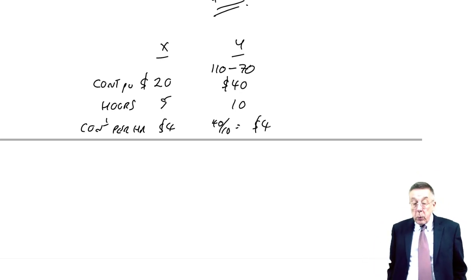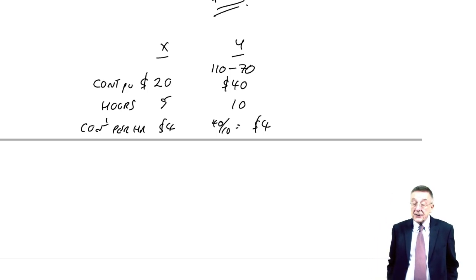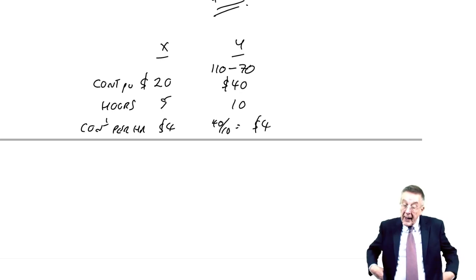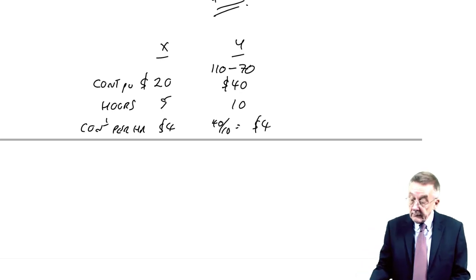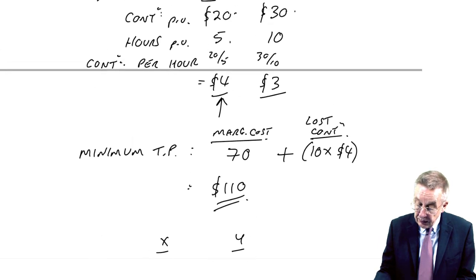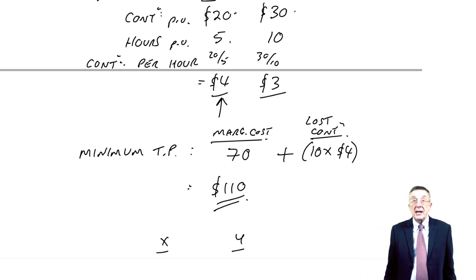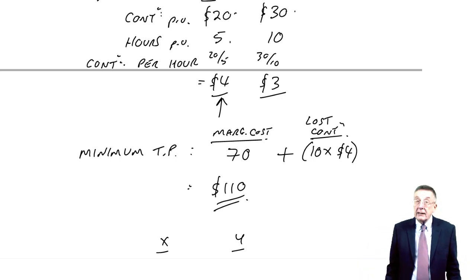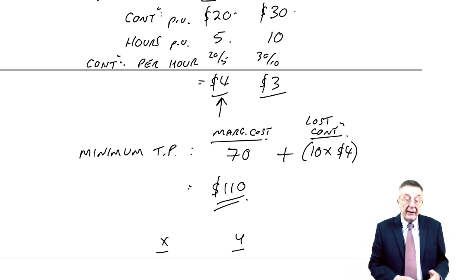So provided Y gives a contribution of at least $4 per hour, I'm quite happy to make Y instead of X. How can we make sure Y gives a contribution of at least $4 an hour? External people won't give it to us. But if B is prepared to pay the transfer price of 110, then we are getting $4 an hour, and I'm quite happy to make Y instead of X.